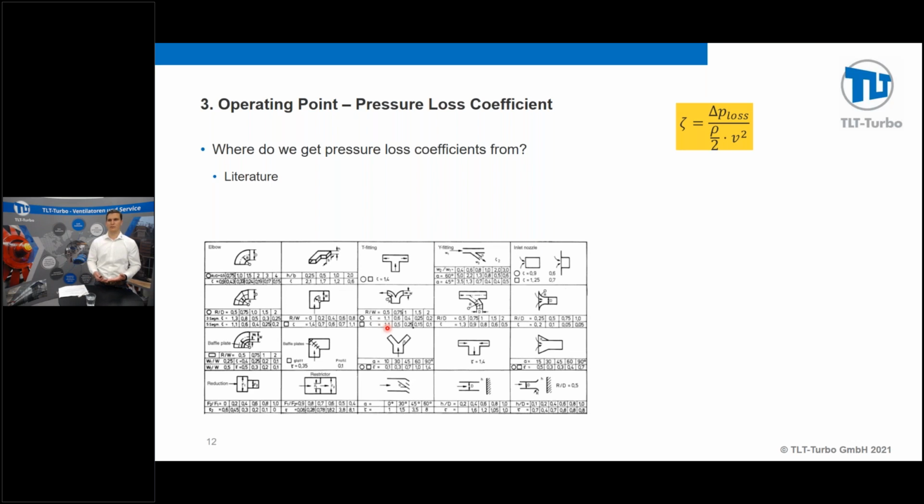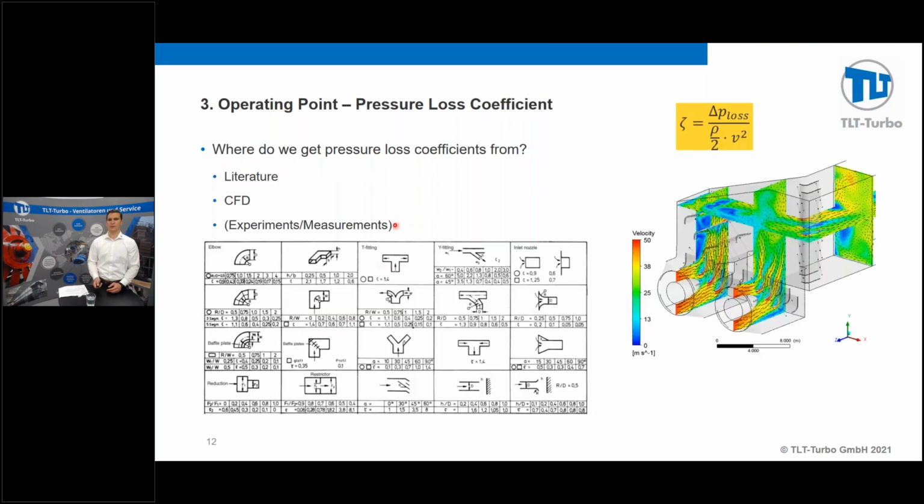Another would be you can do a CFD calculation in order to get to know the pressure losses or then the zeta values. And last but not least, I put that in brackets because I think it has the highest effort, to do experiments or measurements. Of course, I think most of the literature is based on measurements or experiments.